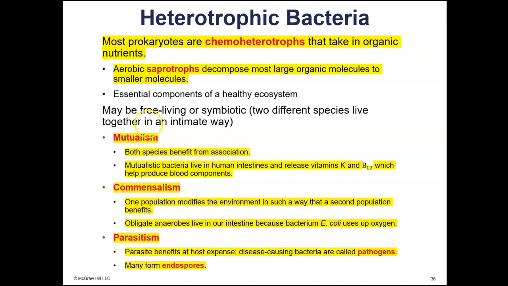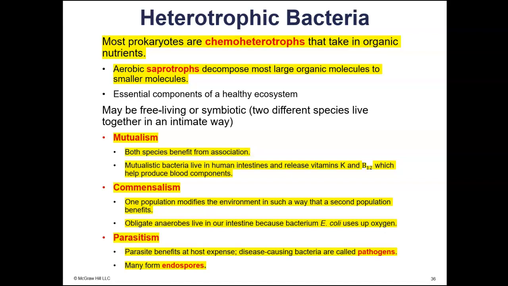And then you have the three different types of symbiotic relationships, where mutualism is where both species that live closely together benefit from the relationship. Here they give the example of the bacteria that live in the human intestines, and they actually release vitamin K and B12.